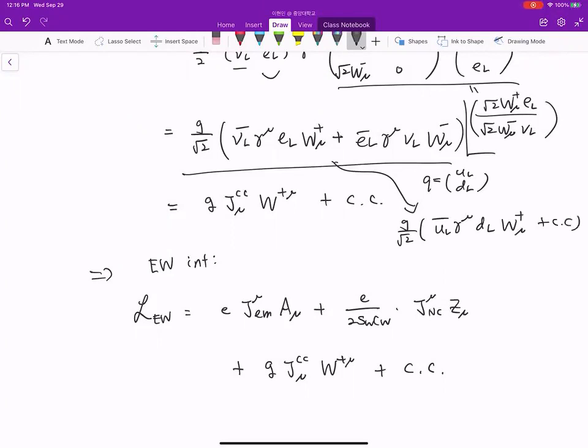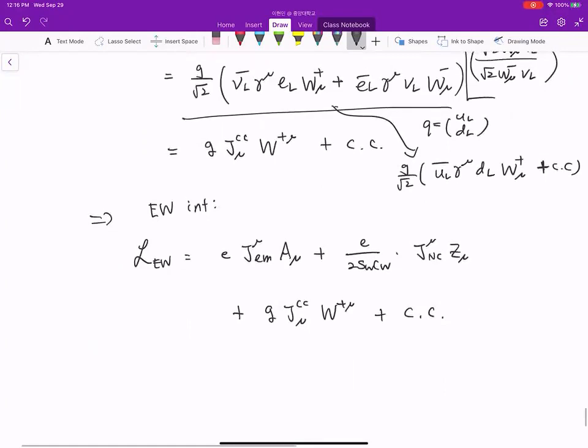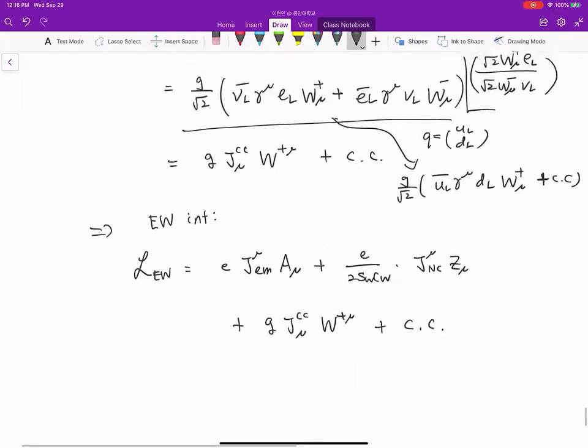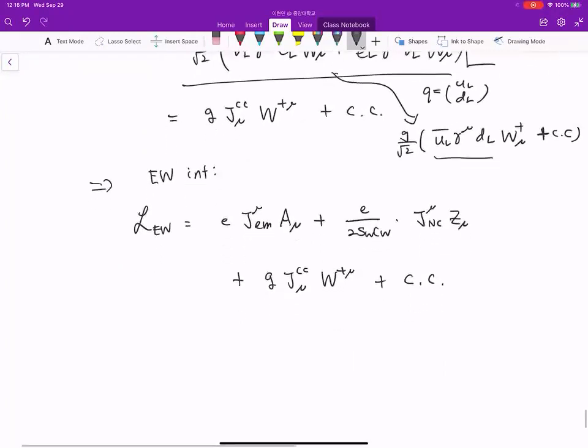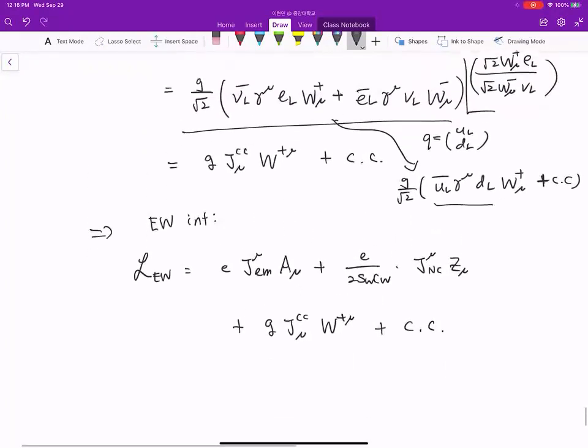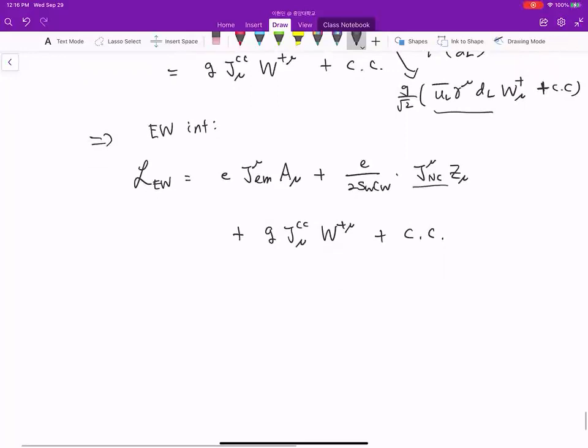This one, right? So this current interaction, in particular, this neutral current and charged current interaction.